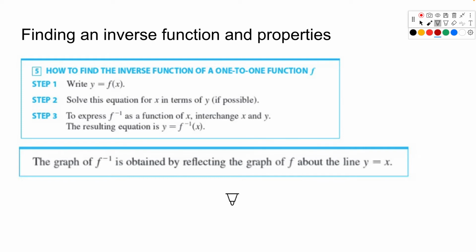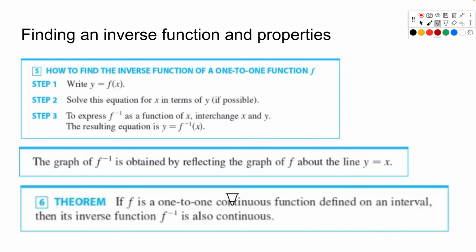So graphically, you'd be able to spot inverses. And then just this theorem, which is going to be helpful. I didn't talk a lot about one-to-one functions, but the rule for a function is that each input has only one output. But it doesn't say that a single output couldn't have multiple inputs.